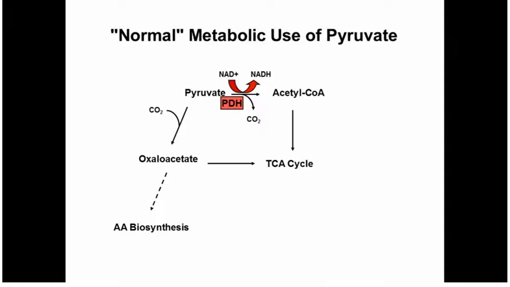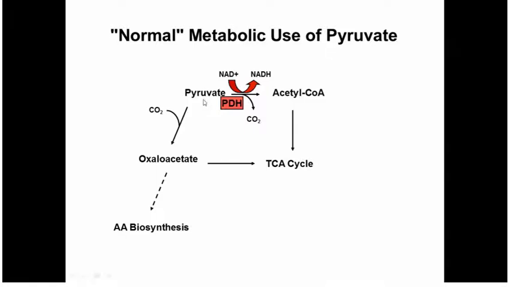So in bacteria that can perform respiration, pyruvate is going to be converted to acetyl coenzyme A by pyruvate dehydrogenase. This is going to give another molecule of NADH, and then this feeds into the Krebs cycle, part of respiration.